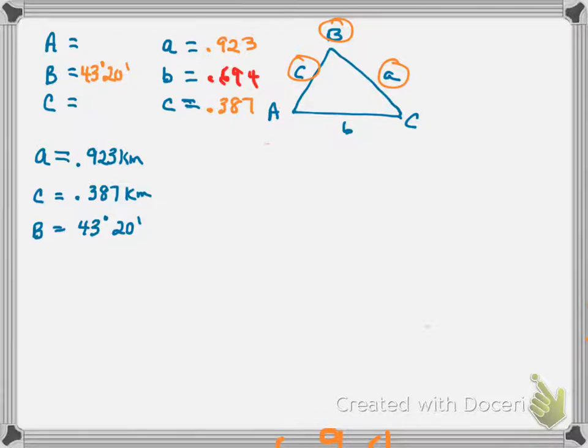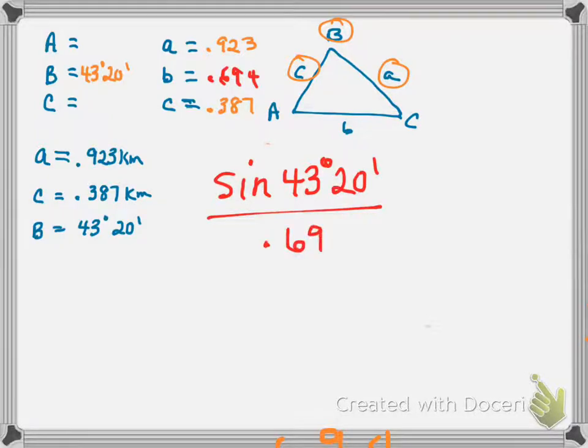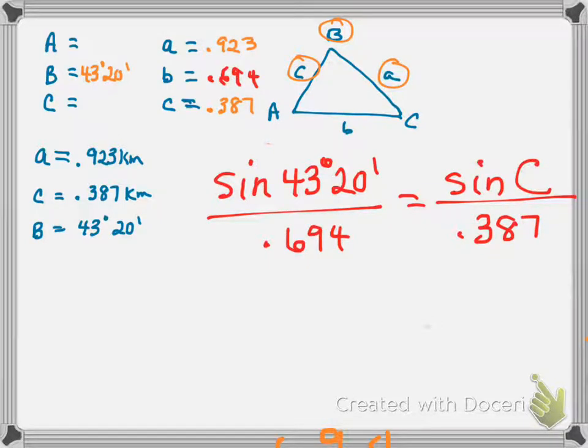So law of sines, remember your pair is your B angle, so I'll start off with a sine of B, which is 43 degrees and 20 minutes, over the side across from it, which is 0.694, and that is going to be equal to, remember I said I wanted to use C, so I'm going to put lowercase c right here, 0.387 over sine of C. So this time, I'm not solving for a side, I'm solving for an angle.